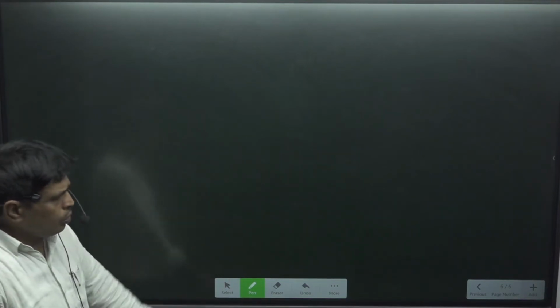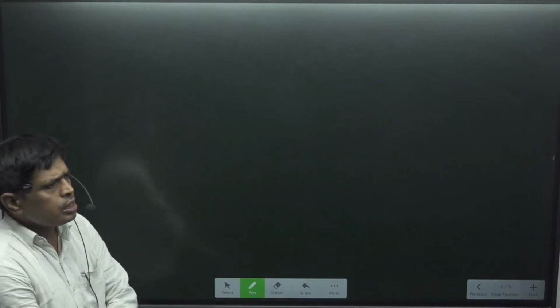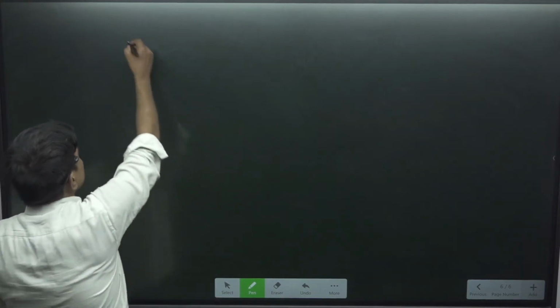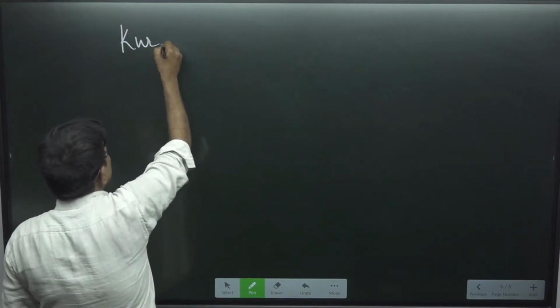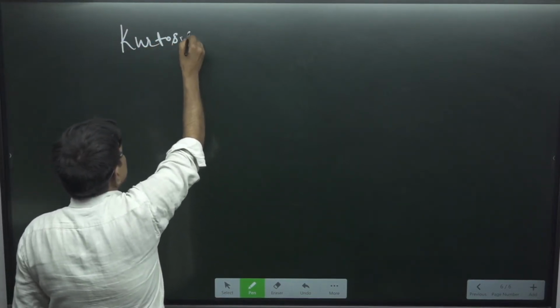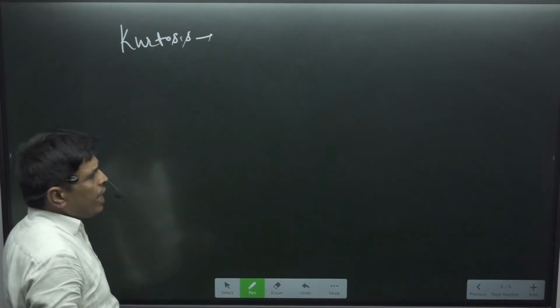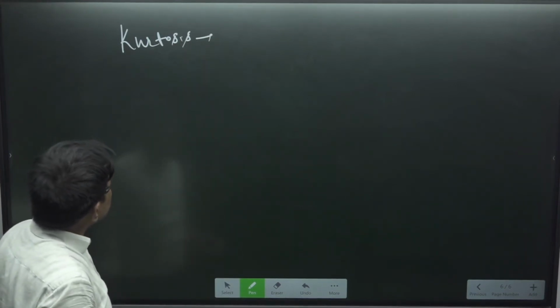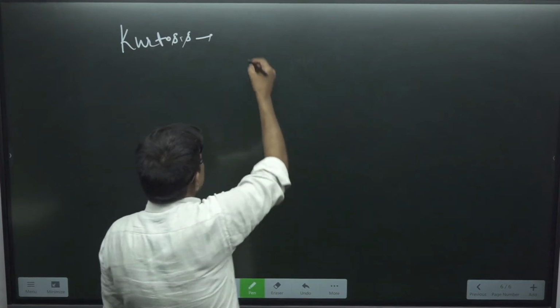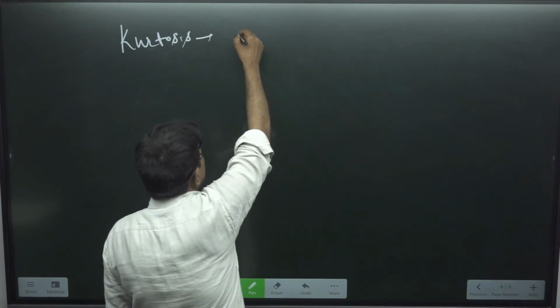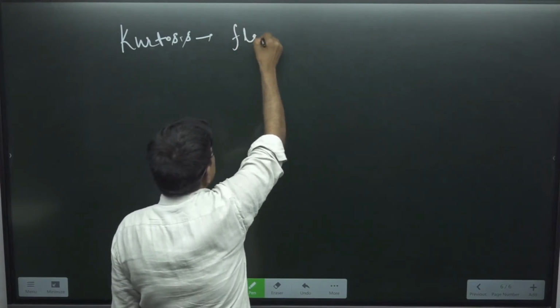Okay, now move to kurtosis. Kurtosis measures the flatness of the curve of the given data.